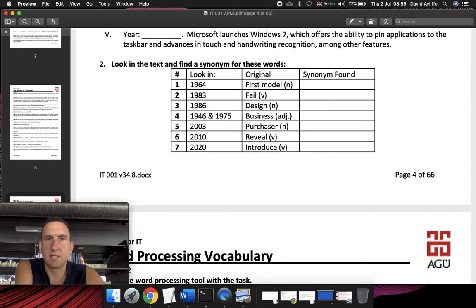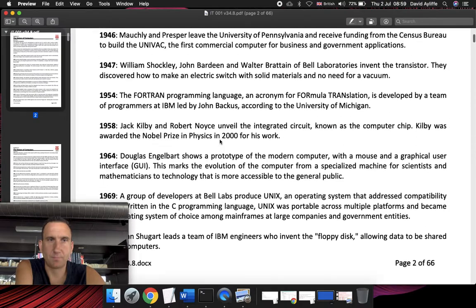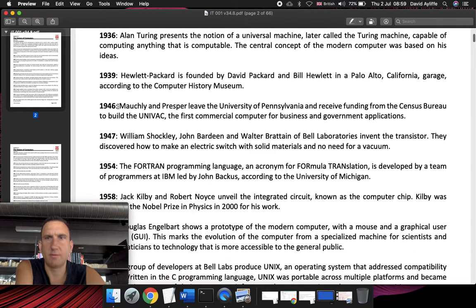1946 and 1975, business. Business, I think, is commercial. Receive funding, the first commercial computer.